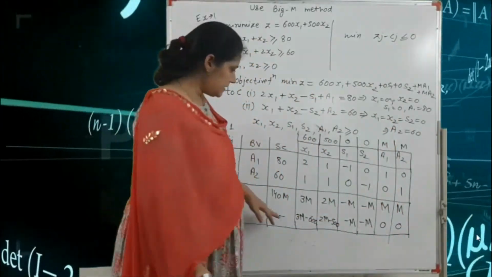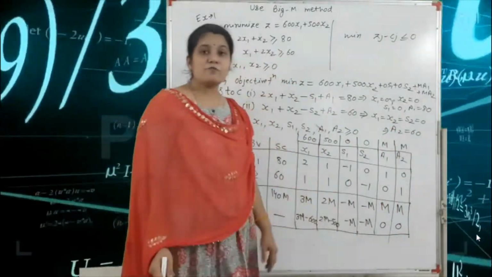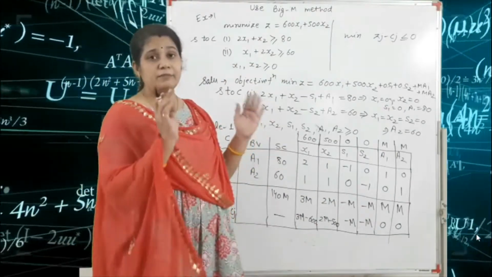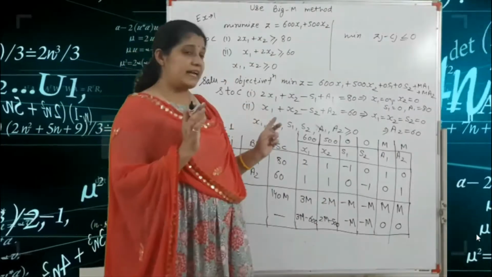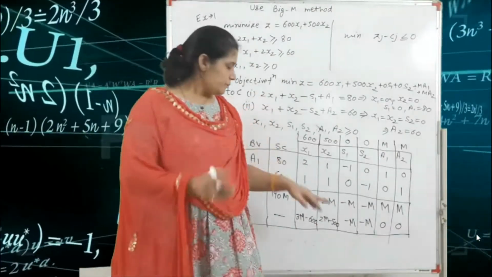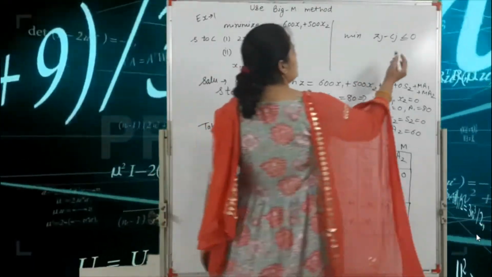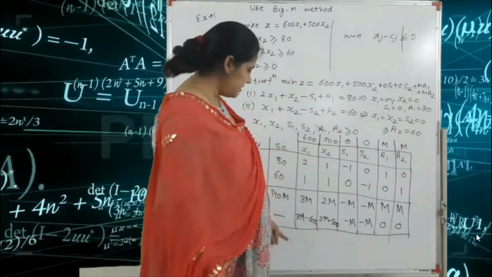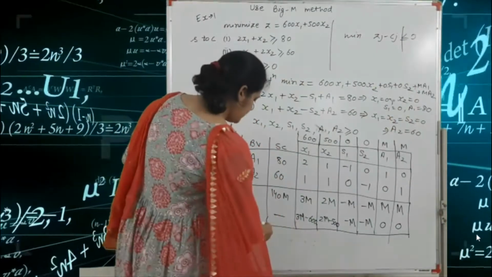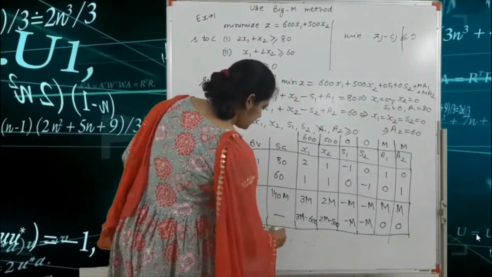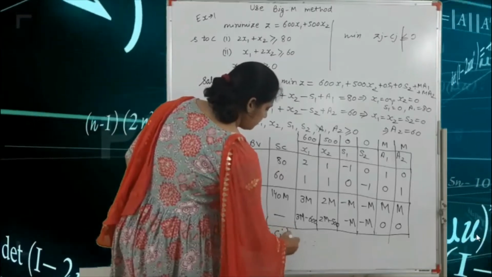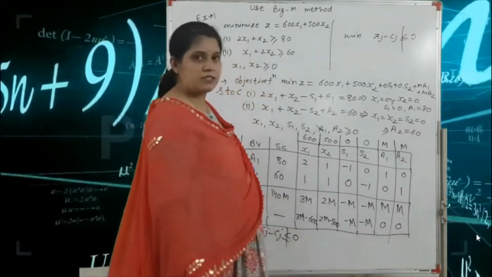But here the two values are positive, 3M minus 600 and 2M minus 500, very large quantities. That means this condition is not satisfied, so not all Zj minus Cj are less than or equal to 0.